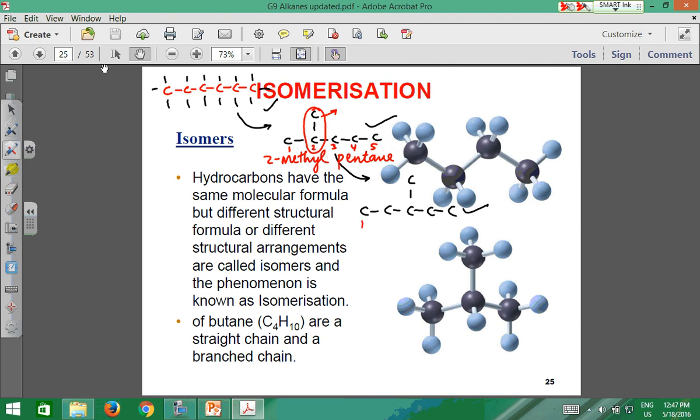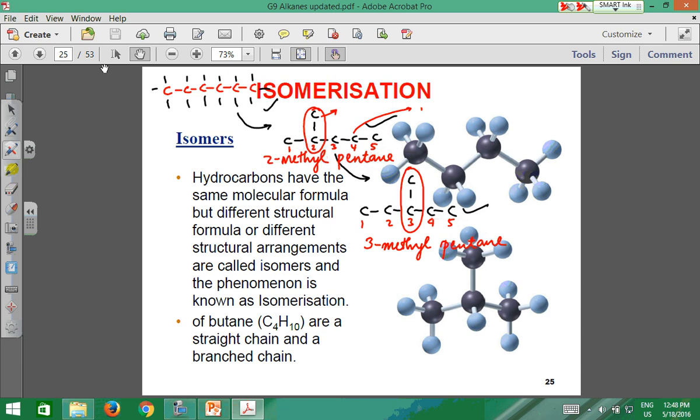What about this? 1, 2, 3, 4, 5. Now on the third carbon, simple, I'll write 3-methylpentane. But again, I just want to clarify here.